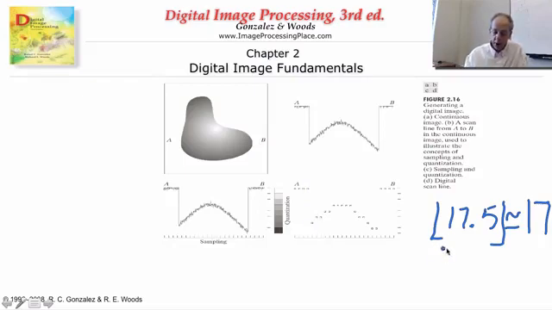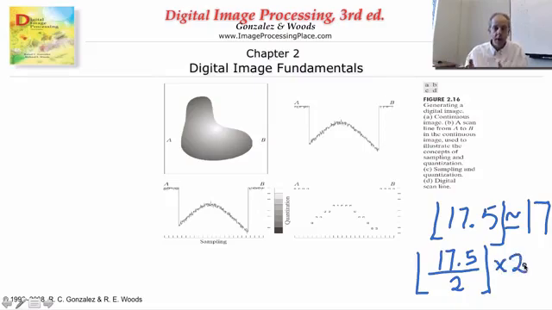We could also consider, for example, if we had 17.5 as before, we could divide it by 2, round this, and multiply by 2. So basically we divide it by 2, then we round, and then we multiply by 2. And I'm going to ask you as a very simple exercise, what's this value?